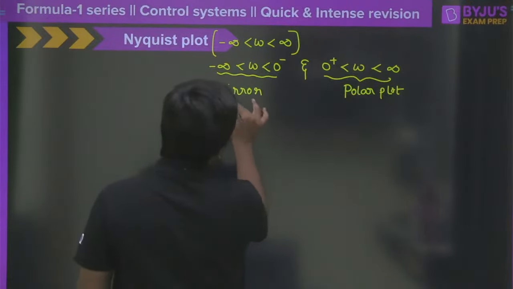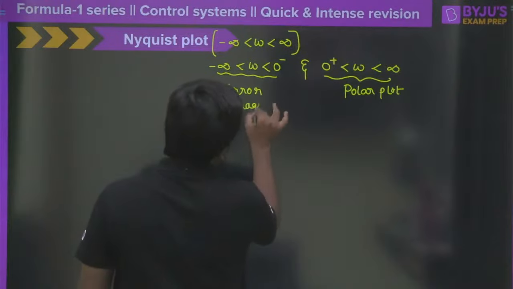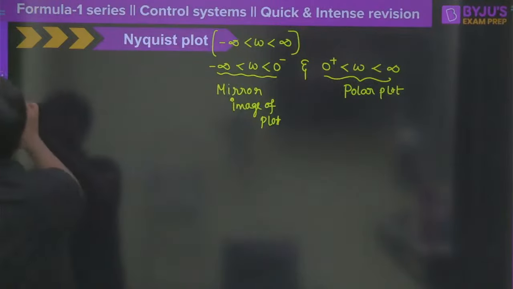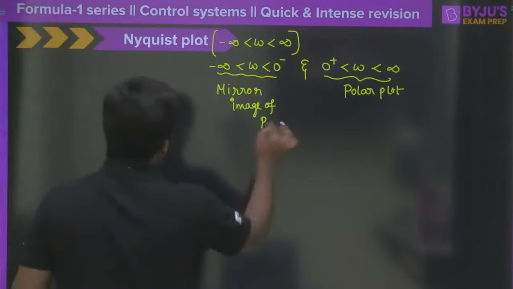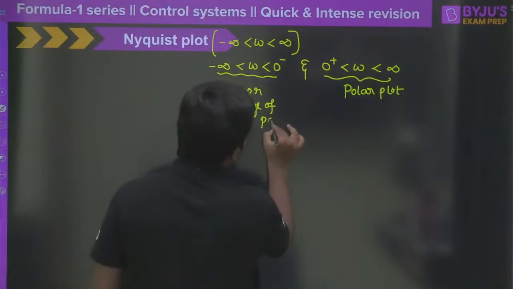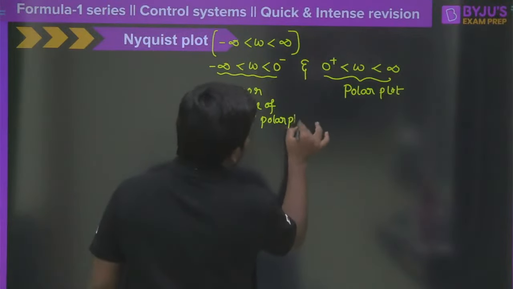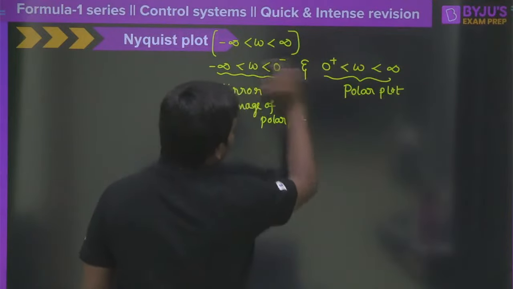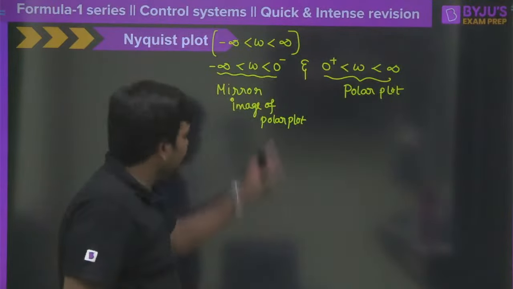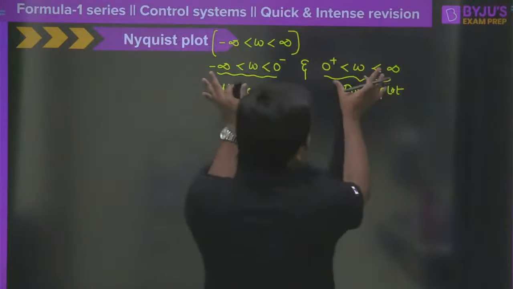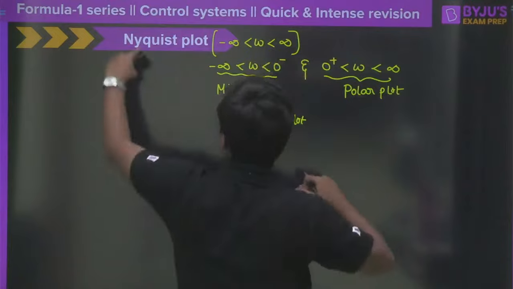It clearly says that whatever polar plot is there, if I can draw the mirror image of that, then you are going to get the mirror image of the polar plot, correct? So these two will contribute a significant amount in the Nyquist plot.